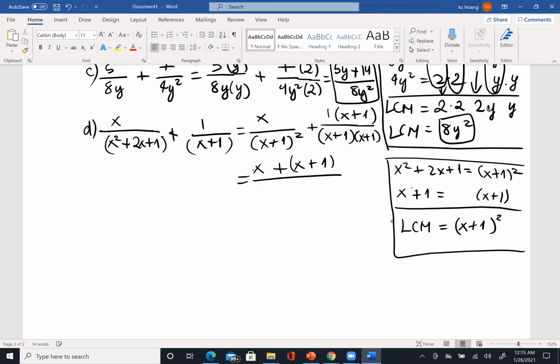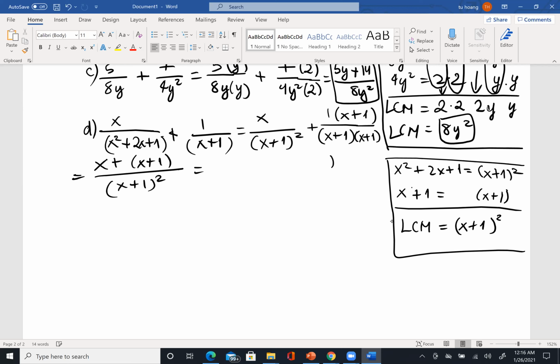And then the bottom will be x plus 1 squared. You know what? I'm gonna move this to the left hand side so I have more space. So x plus 1 divided by x plus 1 squared.